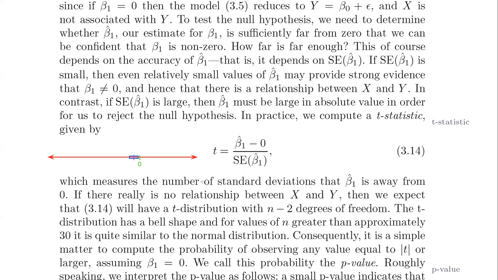So if it's a 95% confidence interval, we could say we are 95% confident that there is a relationship between x and y, that the slope is not zero.